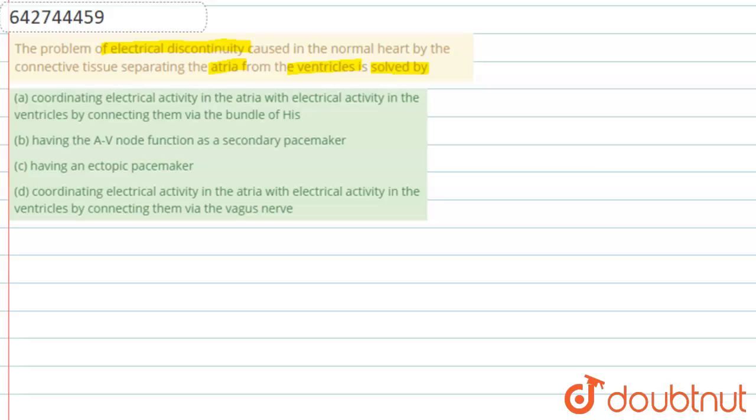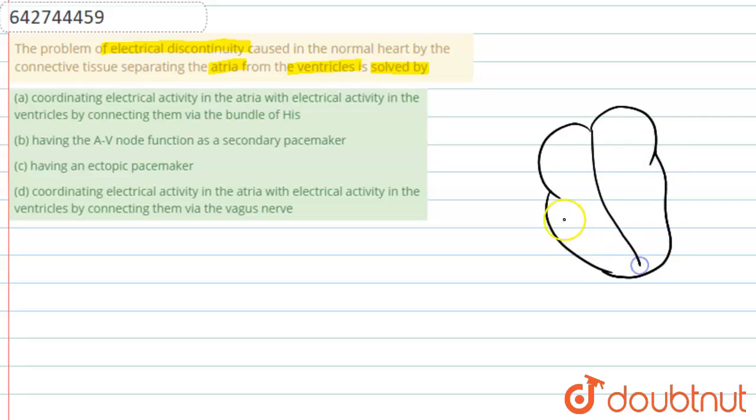If we draw the diagram of a heart, these are the chambers of the heart, which are separated by an atrioventricular septum. These are the right auricle, the right ventricle, the left auricle, and the left ventricle.